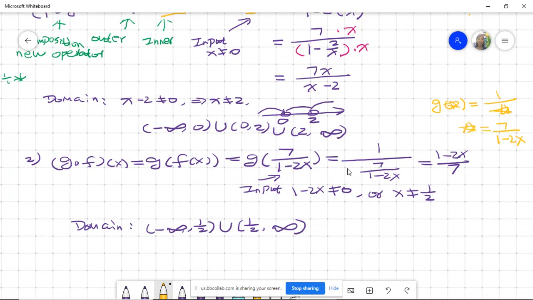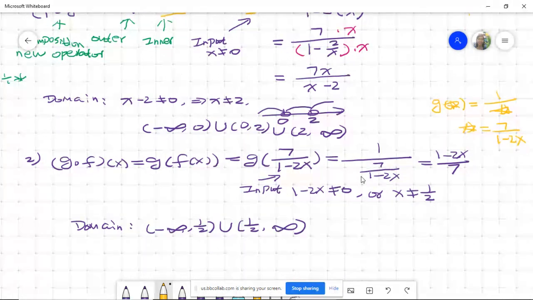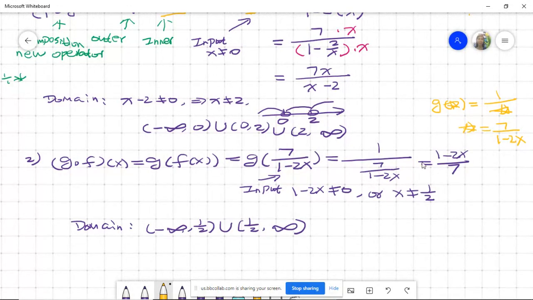Now I have 1 over the star, where my star is 7 over 1 minus 2x. Again, we have to simplify this. So 1 divided by this whole thing is equal to multiplying by the reciprocal. When we flip it over, that's 1 minus 2x over 7.